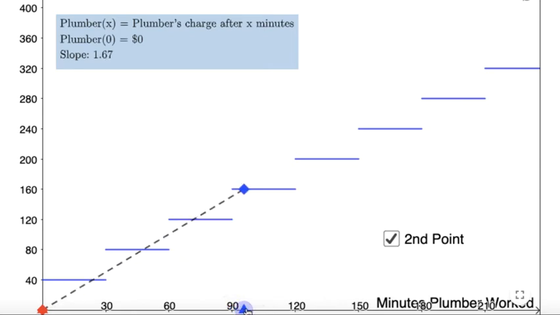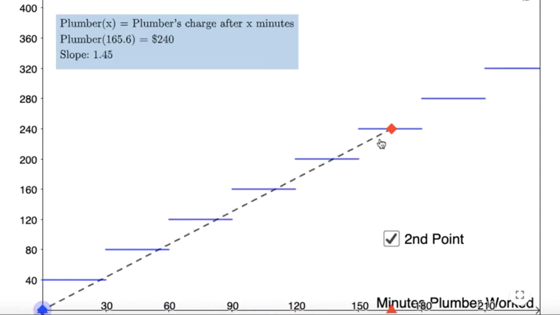But again, that changes as we move along, because the slope of our line here is changing. What we're saying right now is that when the plumber's been there for 100 and let's say 15 minutes, you're paying an average of $1.39 a minute. And again, that's going to change depending on how long the plumber is there and exactly where in the half hour you are.